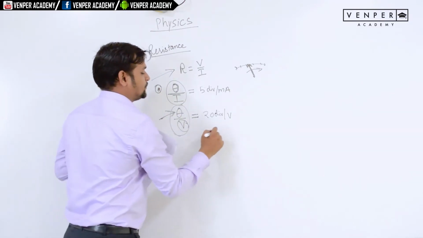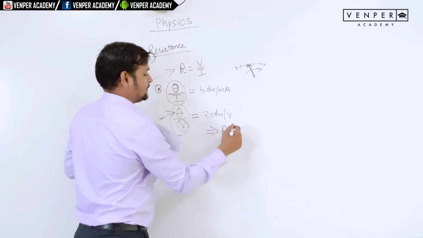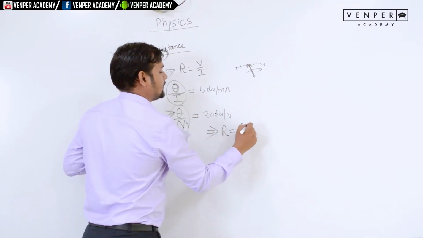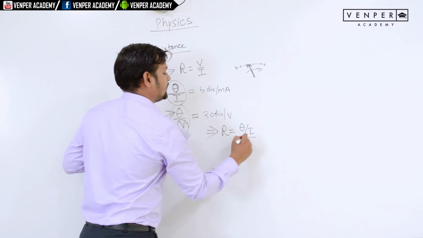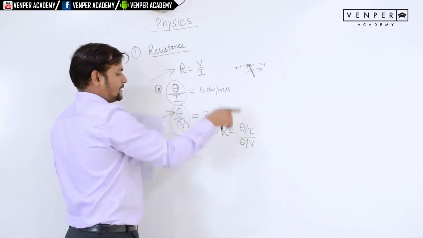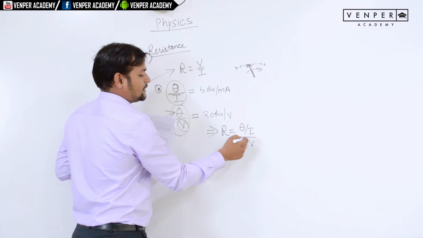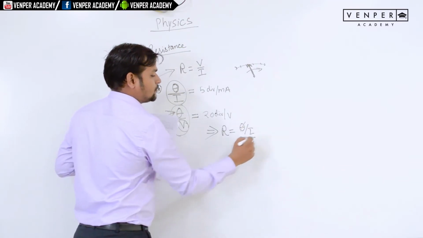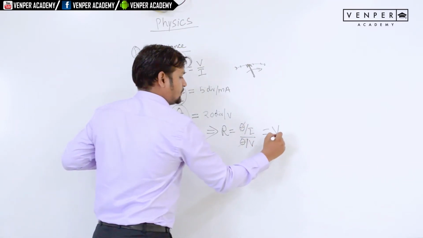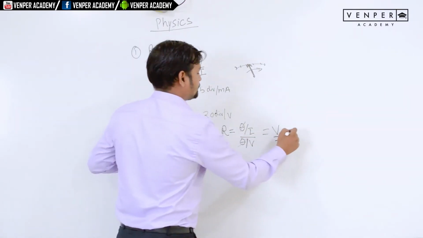Then what you can do is that resistance is equal to theta upon I divided by theta upon V. If you divide the current sensitivity by the voltage sensitivity, the thetas get cancelled out, and here this is V upon I. So just put the value.